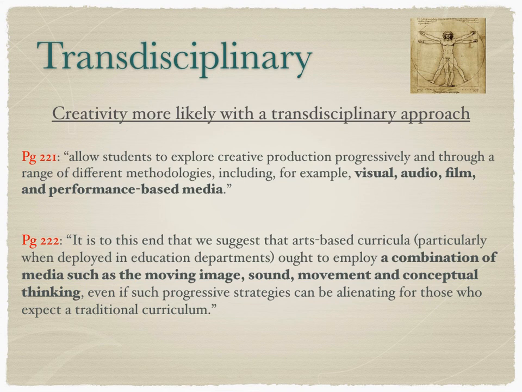And it is to this end that we suggest, say the authors, that arts-based curricula ought to employ a combination of media such as the moving image, sound, movement and conceptual thinking. So the conceptual thinking element there might refer to the way we're thinking about creativity. We're putting together theories on creativity with a range of different practices such as visual art, movement, sound and film.